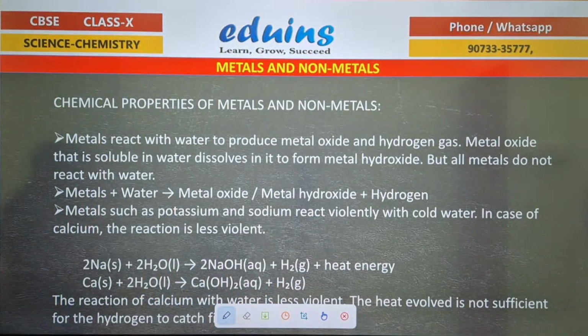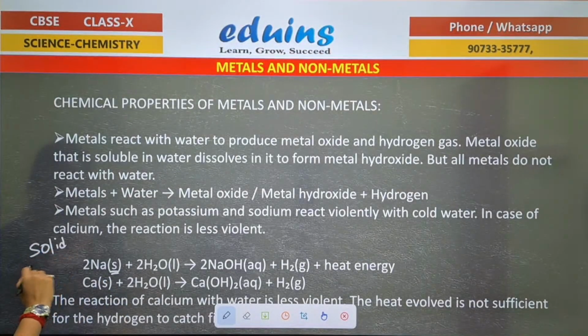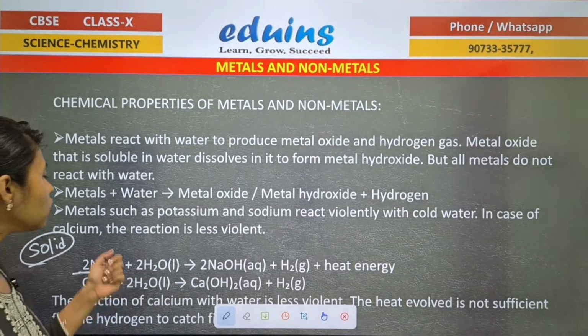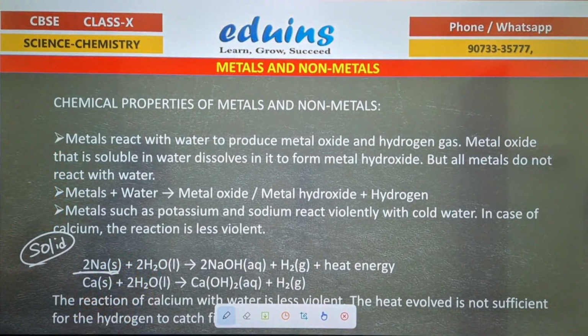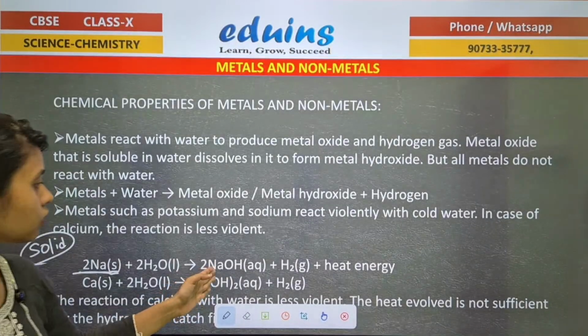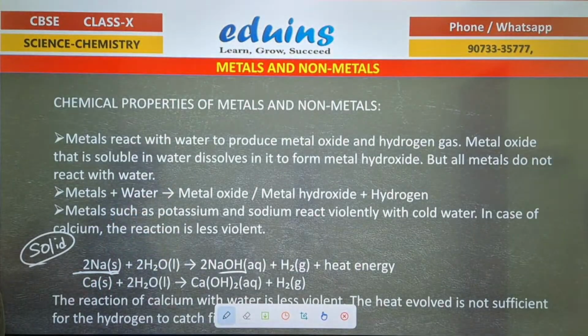So the reactions are, this is the balanced equation here. 2Na, and what is meant by this is the solid state. So 2 mole of solid sodium plus liquid, L stands for liquid. Okay, so 2 mole of water that produced, is this oxide or hydroxide? So students, is it oxide or is it hydroxide?